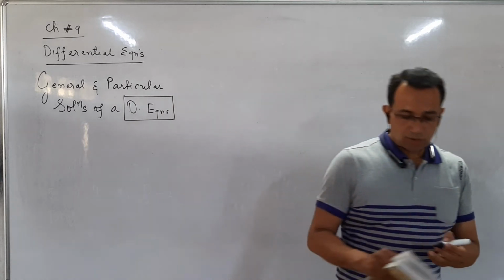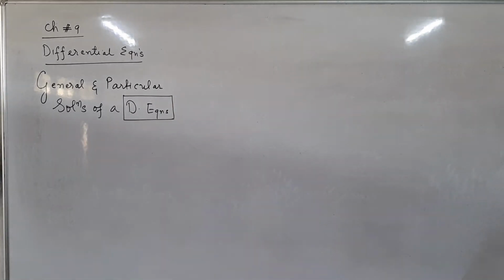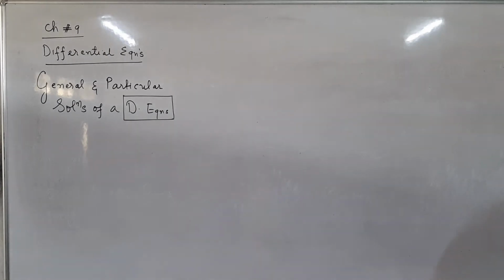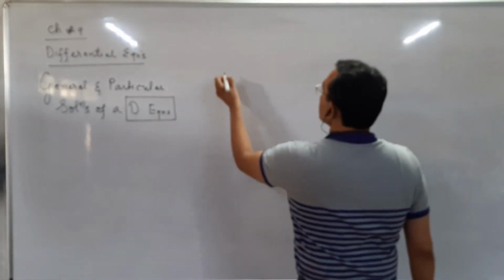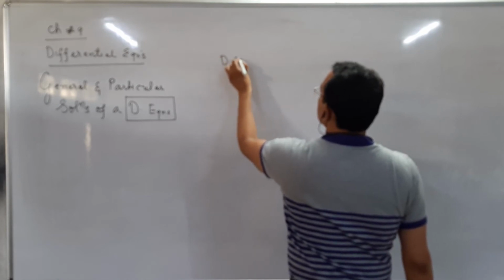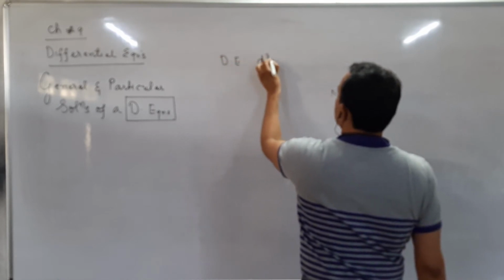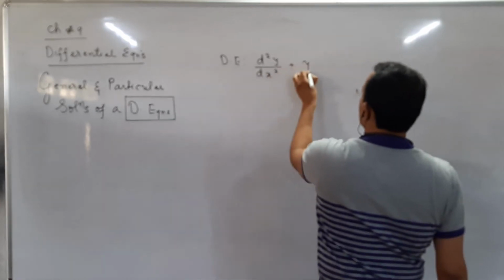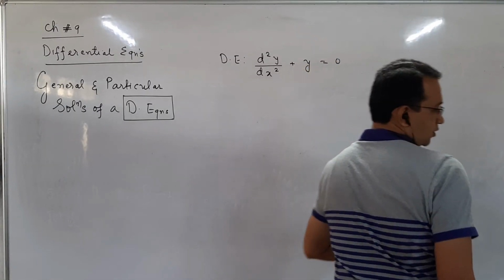Now, students, all of you pay attention because this topic demands some extra care. Say I have, let me take the example as given in textbook, a differential equation as d2y upon dx2 plus y is equal to 0.